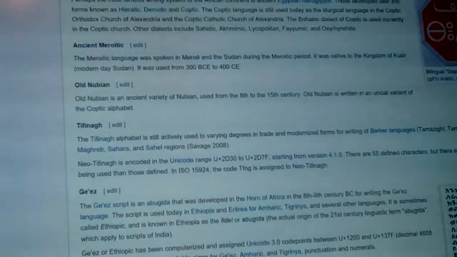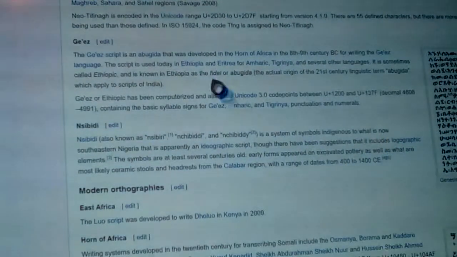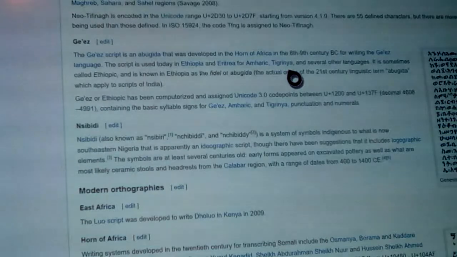So anyhow, Ge'ez, which is pretty important. The Ge'ez script is an abugida, and it developed in the Horn of Africa in the 8th or 9th century BC, so it's very old. And for the Ge'ez language, the script is used today in Ethiopia and Eritrea for Amharic and Tigrinya. And I don't think they're trying to say Tanganyika. No, Tigrinya. Okay. And several other languages.